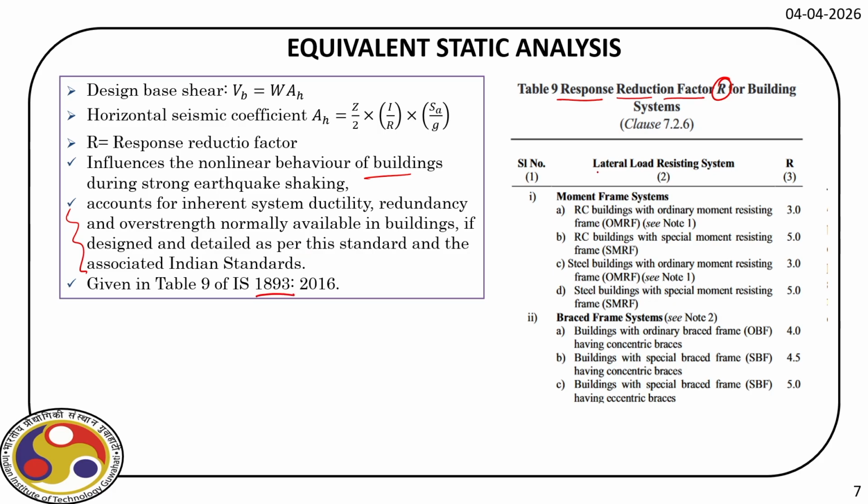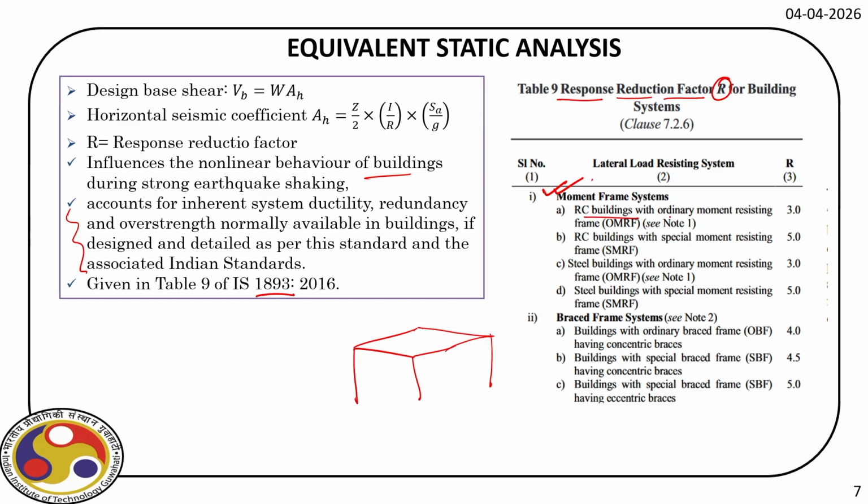Now, this response reduction factor again has different options depending upon the building type. So we have the moment frame system. If you recall, we modeled these beams and columns, and that forms a moment frame.